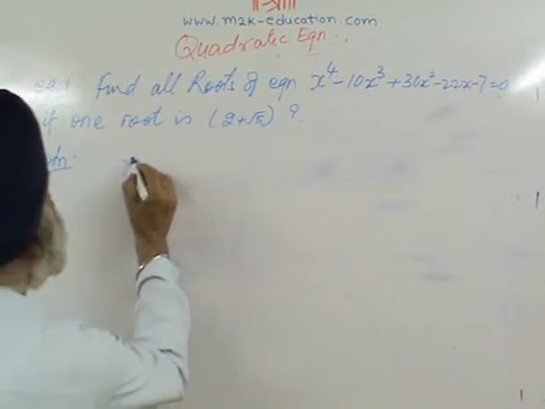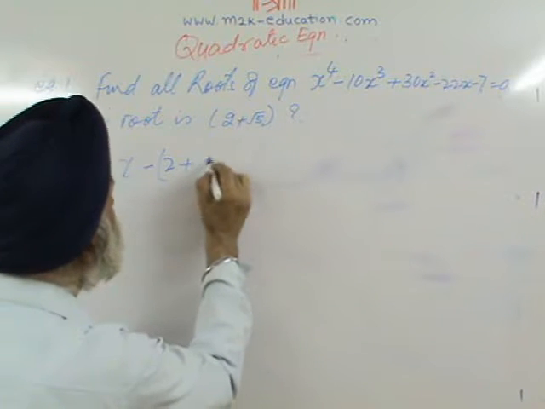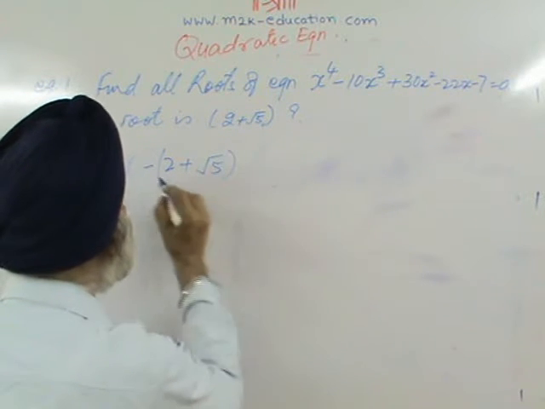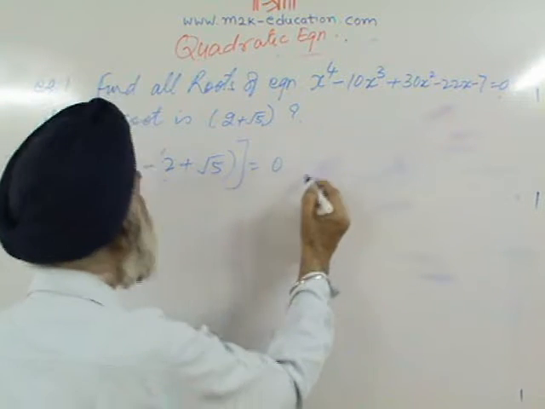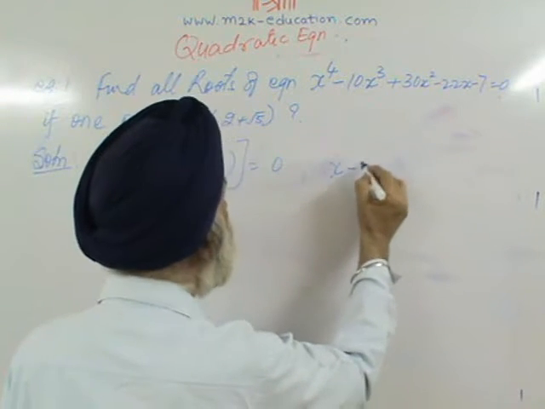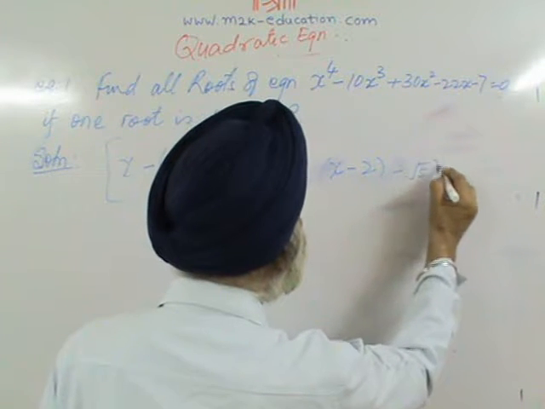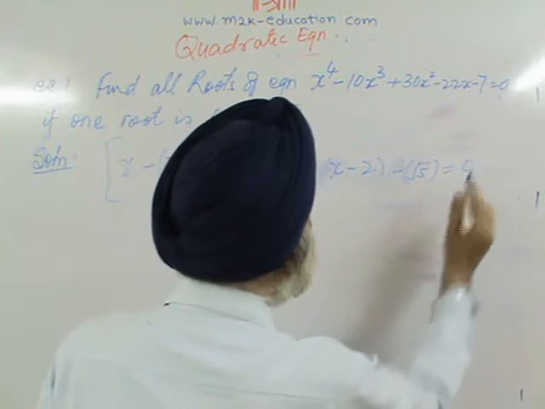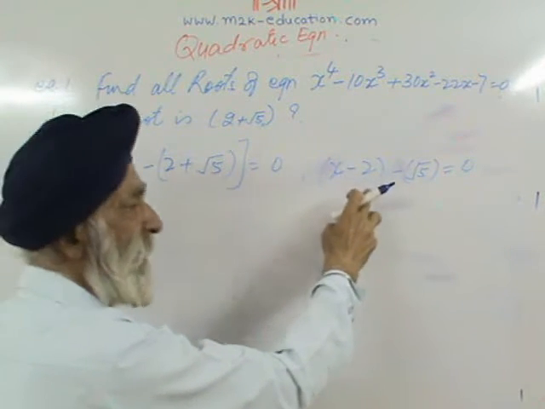So I have the root x minus 2 plus root 5 equal to 0, or it can be written as x minus 2 minus root 5 equal to 0. Now this side I have root 5, this side I have x minus 2.